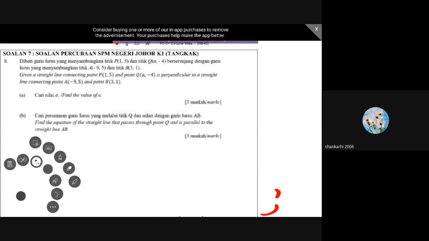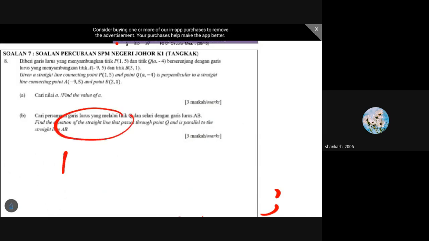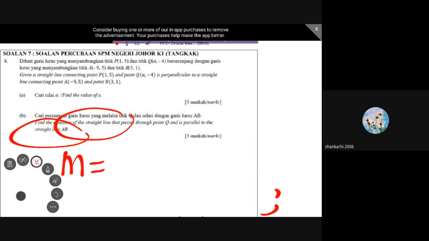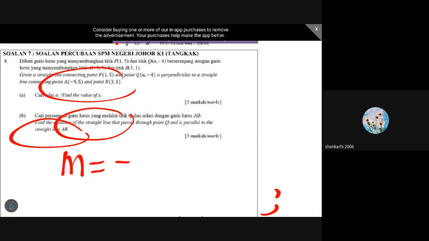So what is the gradient of this straight line if it is parallel to AB? What's the value you got just now for the gradient of AB? -1/3. Yeah, correct.